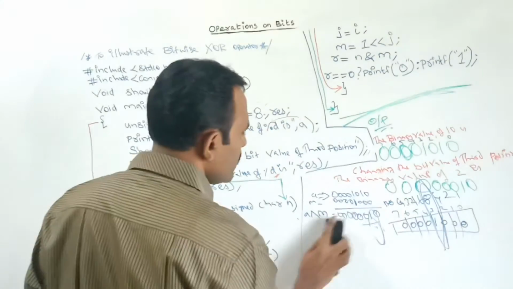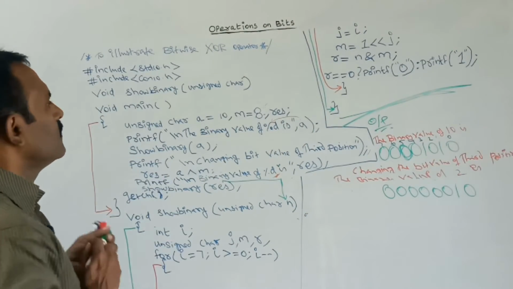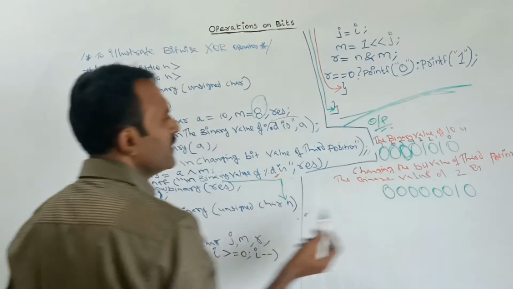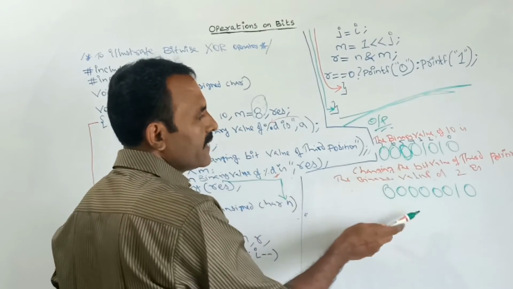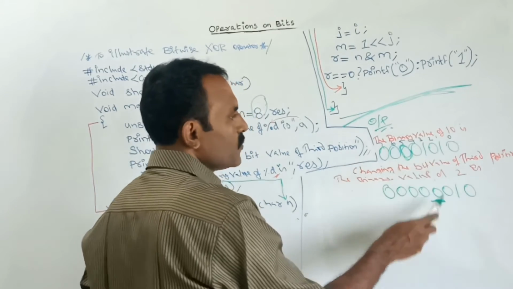The output will display like this. This number 8 refers to the third position mask value. Here this third position value is 1, but with the help of this XOR operator they changed it to 0.